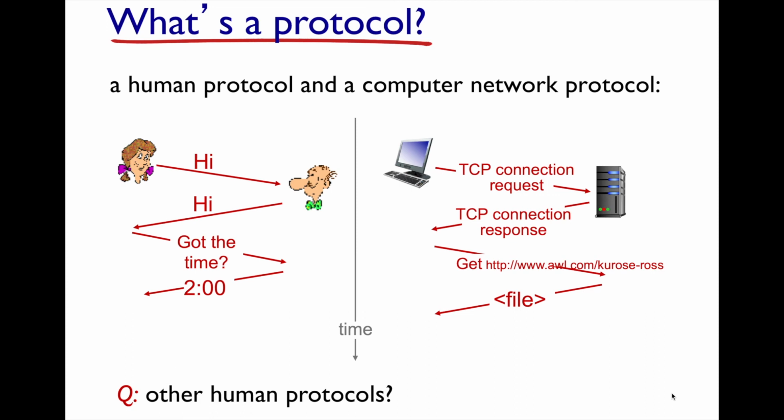Once this message is initiated by Alice and the response comes back from Bob, Alice can now proceed to acquire the data she needs. So she issues the message, do you have the time? Then Bob does some work, accesses his local information or resource, reads his watch or clock, and then sends back the response to Alice.